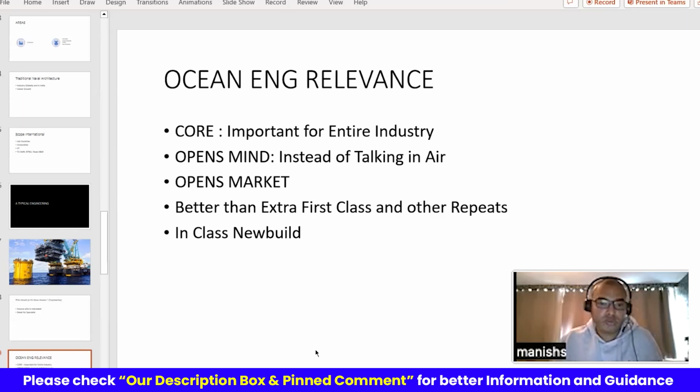Also, if you do naval architecture or ocean engineering and join a classification society, you will be able to move out of, like, if you have a marine background, you cannot work on new build projects meaningfully because you don't understand the basics of new build of ships.